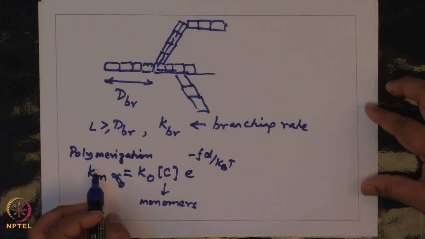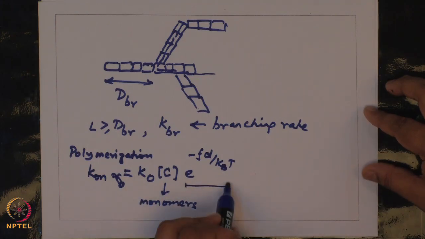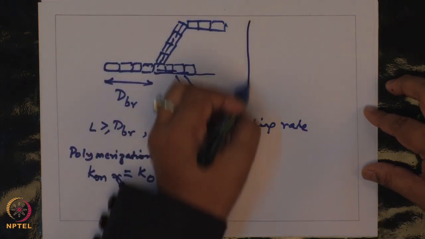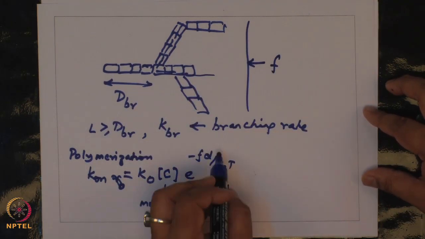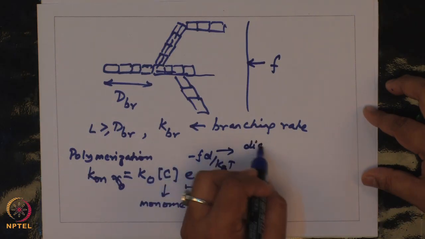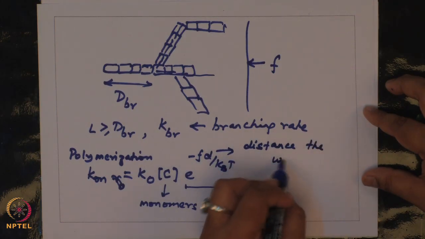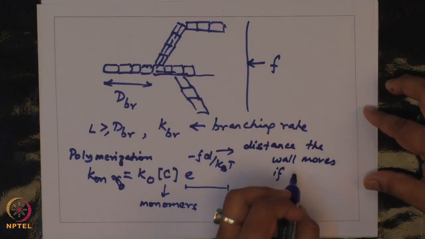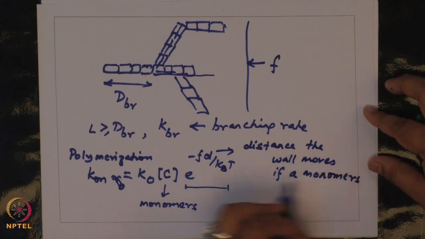This is the polymerization rate. What we have here is an exponential dependence on force F, with which the wall is being restrained, and d corresponds to the distance the wall moves if a monomer gets added.